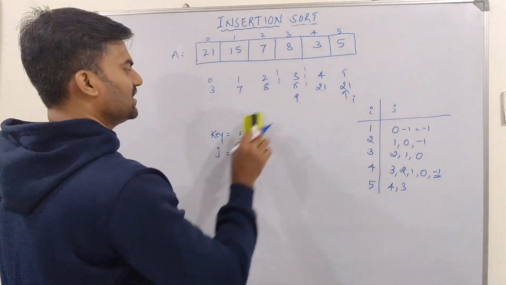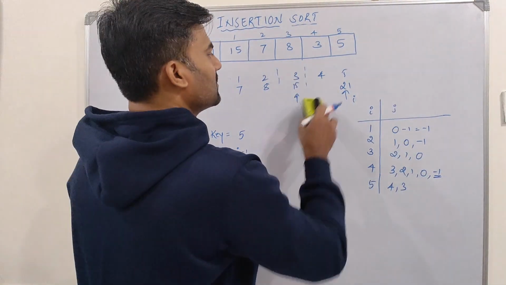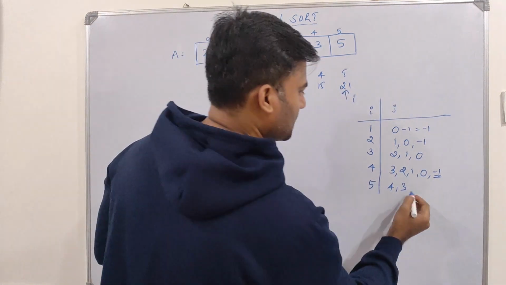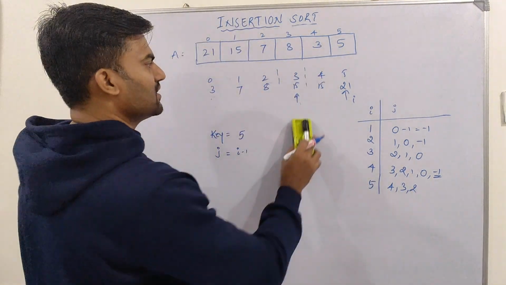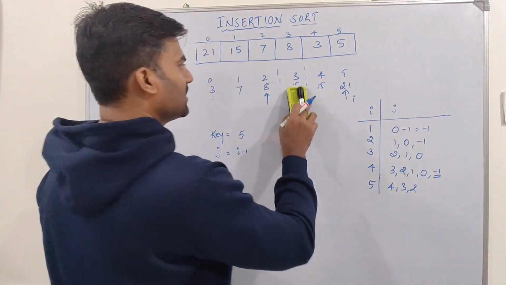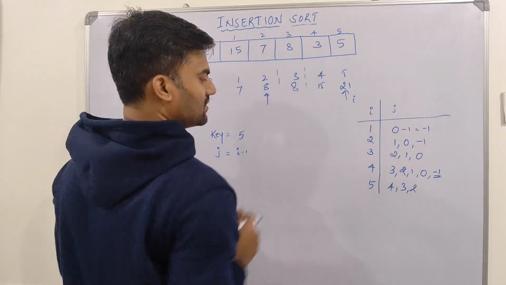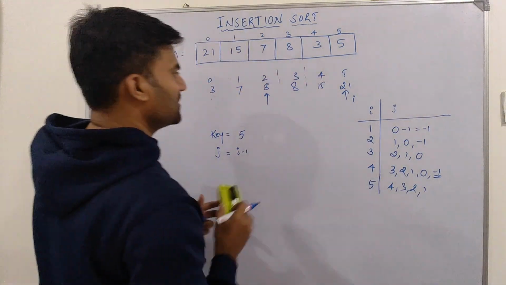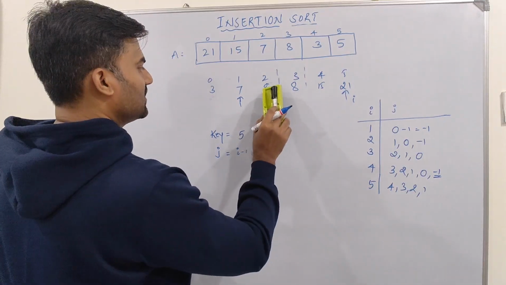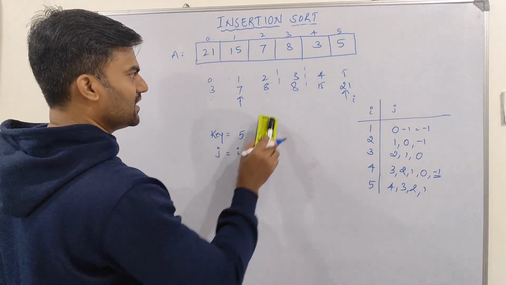Here 15 is still greater than 5, so this gets replaced with 15, and I will have to decrease my j. So j will point to 2 now. 8 is still greater, so then j gets updated. It comes here, and still my 7 is greater than 5.